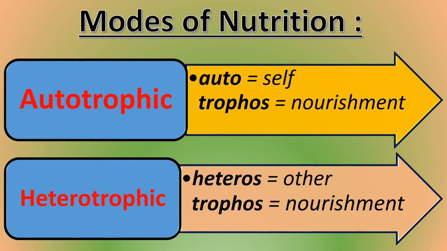Living organisms exhibit two modes of nutrition, namely autotrophic nutrition and heterotrophic nutrition. Autotrophic. Auto means self, trops means nourishment. Heterotrophic. Heteros means other, trops means nourishment.